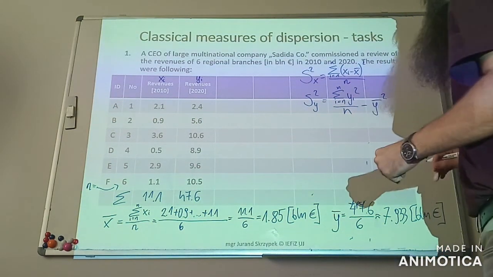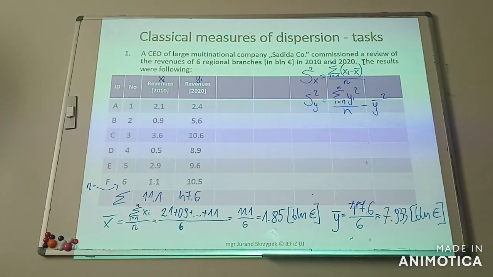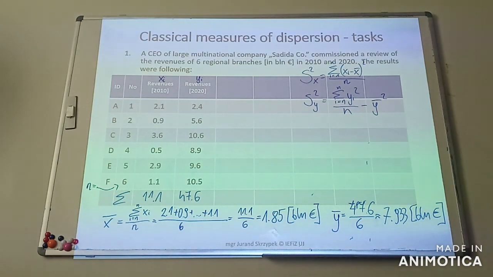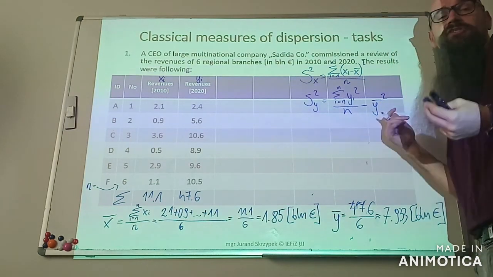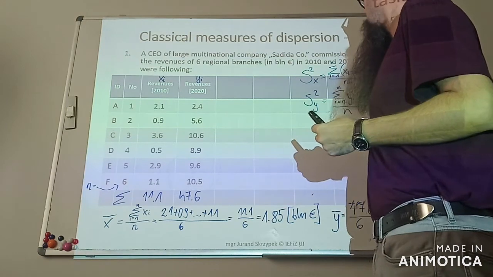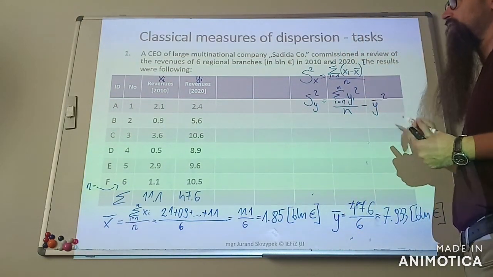We have both versions of the formula. I will judge which type of the formula is more effective, easier in the calculation. Okay, so let's start with the first formula.